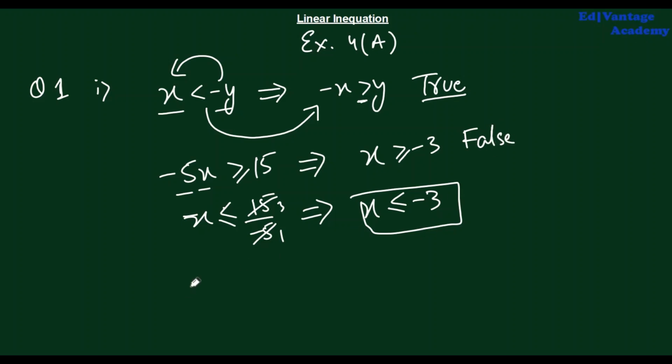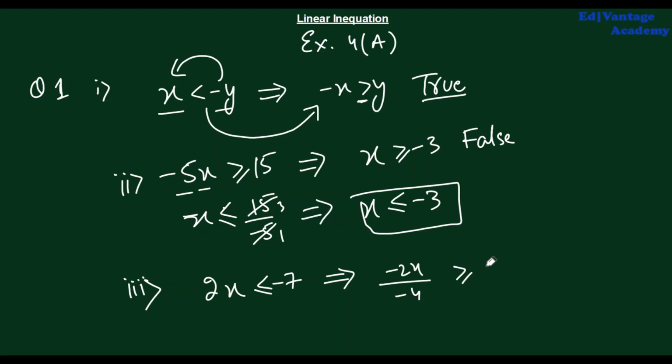Fine. Another one given, this was the second one. The third part of the first question given in the exercise is 2x is less than or equal to minus 7. Will it be minus 2x by minus 4 is greater than or equal to minus 7 by minus 4? You see here, I told you whenever you divide by a negative number, the symbol will reverse.